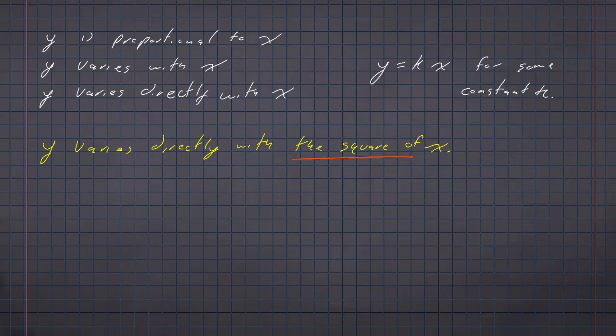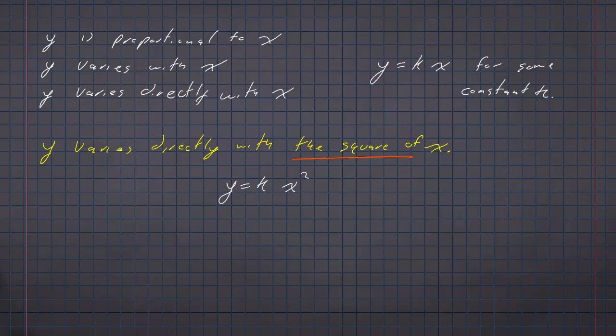So if y varies with the square of x, in my variational equation, instead of writing x, I will write the square of x. Y equals k times x squared.